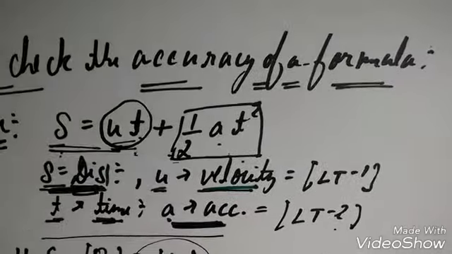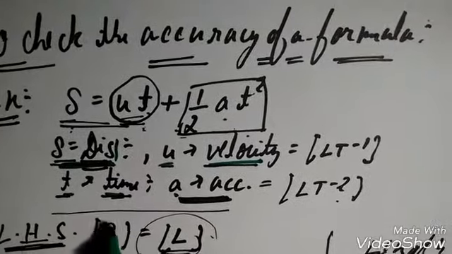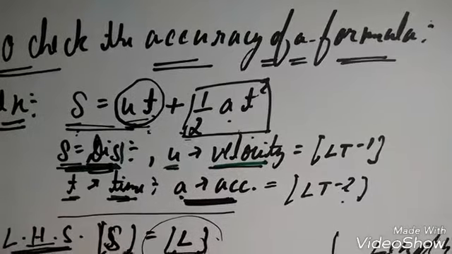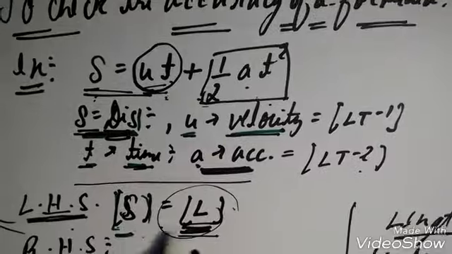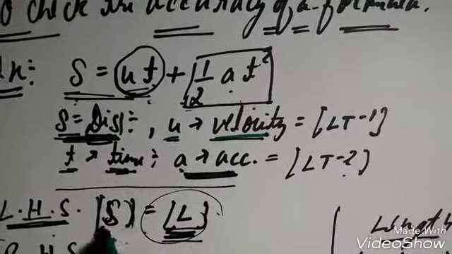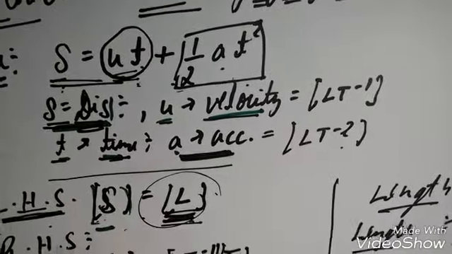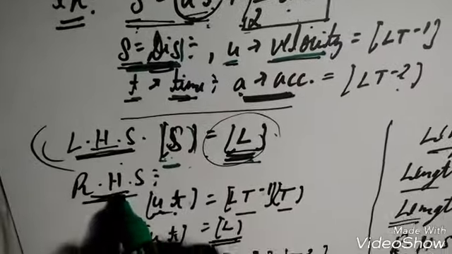If we want to check the dimensions of LHS, as it is distance S, it has a dimension formula of L. Means you have got the dimensions of the left hand side of the formula as L. Let's check the dimensions of the right hand side of the formula.